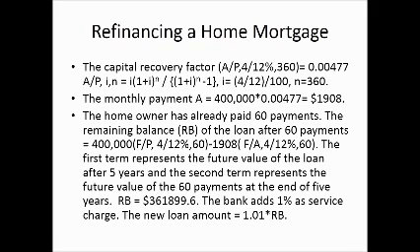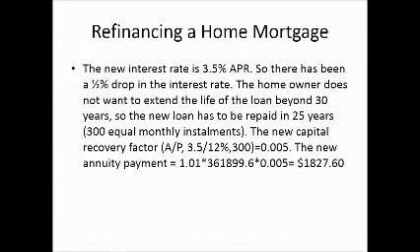Now bank adds 1% as service charge, so new loan amount is 1.01 times RB. The new interest rate is 3.5% APR. So there has been a 0.5% drop in the interest rate. You're interested to find out whether it lowers your monthly payment or not. Homeowner does not want to extend the life of the loan beyond 30 years. So the new loan has to be repaid in 25 years because you've already paid 5 years of the original loan.